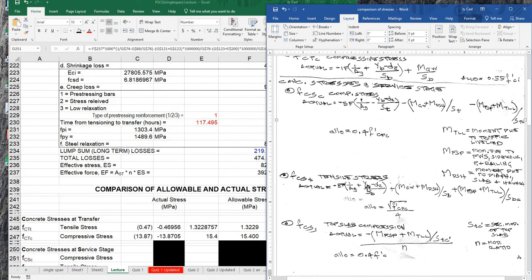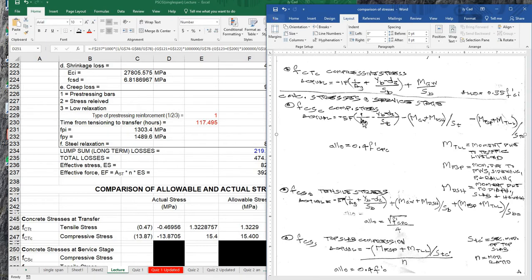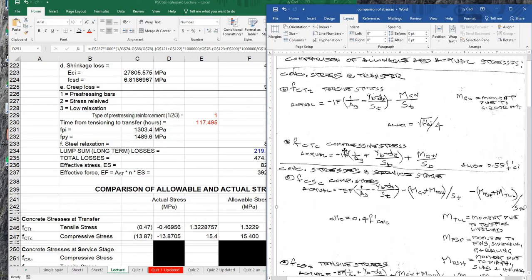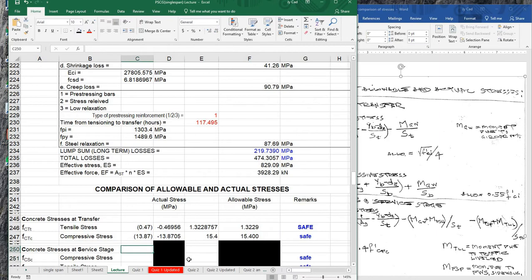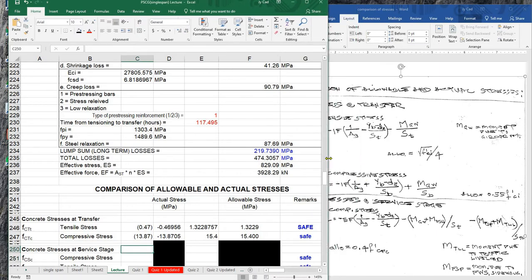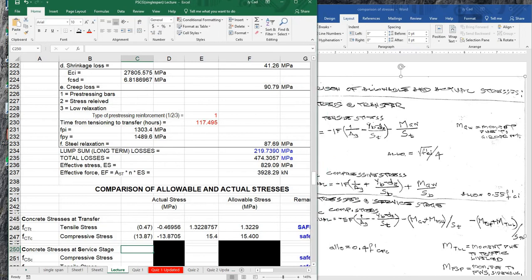Okay, so let's try. So here we are in concrete stresses at service stage, in the compression. Okay, so this is it. And then here. What we will do this time, let's go back to the start.